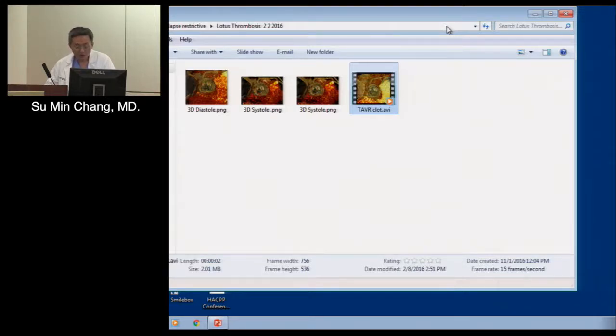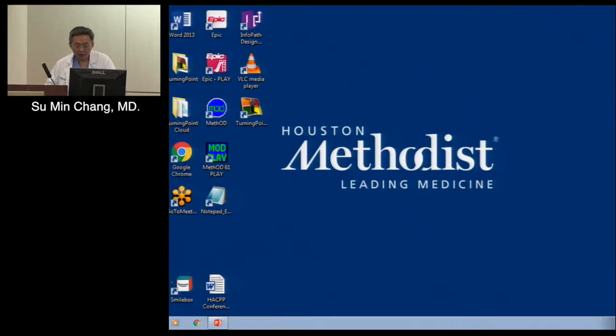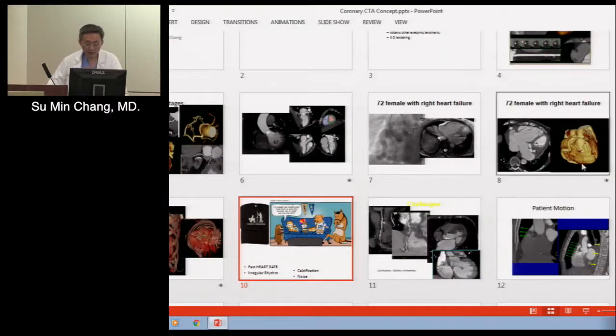Okay, so those are, I would say, major advantages of CT in terms of its excellent spatial resolution, and the ability to display the structure of interest in 3D and even 4D fashion. And all these images could be obtained, in the worst cases, in less than half a minute.